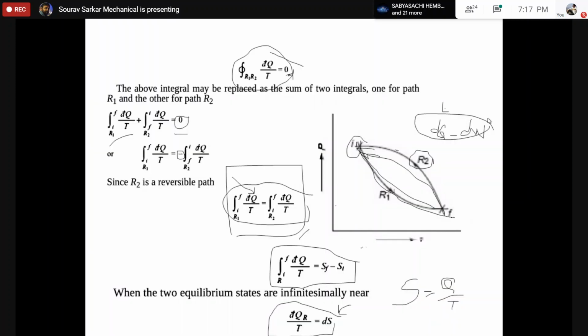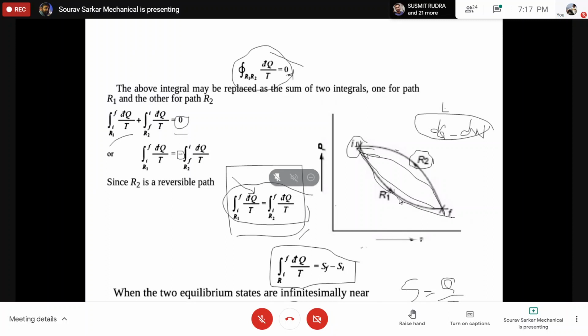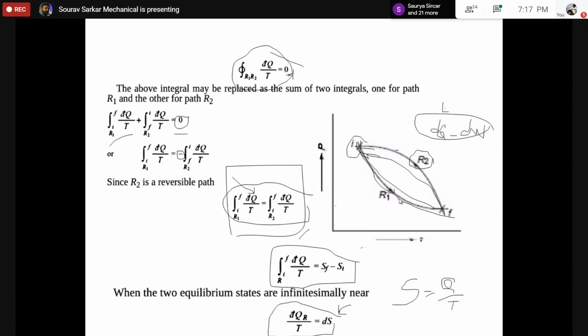So this much is for today. This is the mathematical definition of dq by T. If you read this part, we can have a class on Monday or maybe Sunday, from where I will conclude the total discussion of the entropy. But in between you have to read.